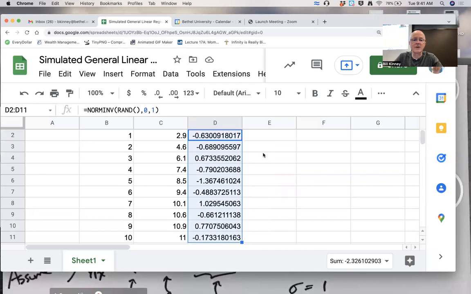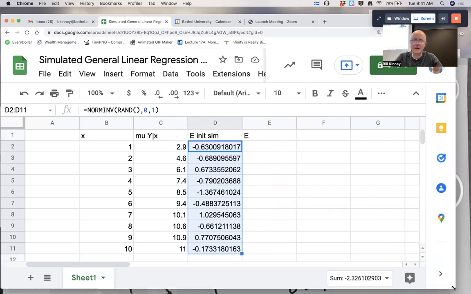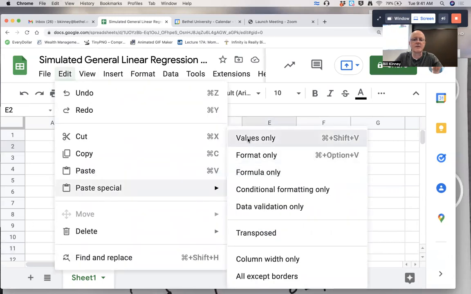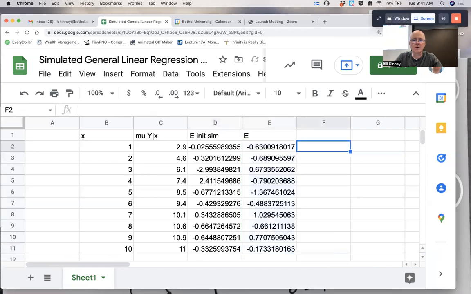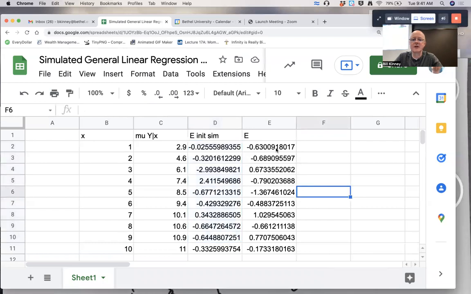Almost all those values are in fact between -1 and 1. If you're doing this with me, you're going to get different values. I'll copy and paste this over with a paste special, paste values only. And now they're fixed. Of course, once I did that, these numbers changed. So these are going to be the E values that I'm going to use in this column.